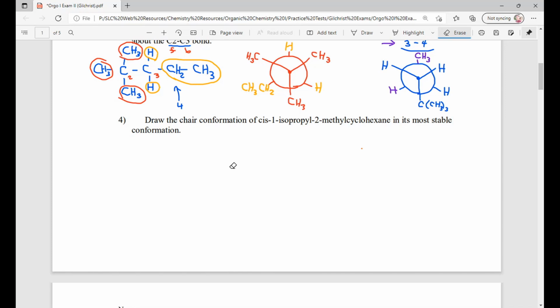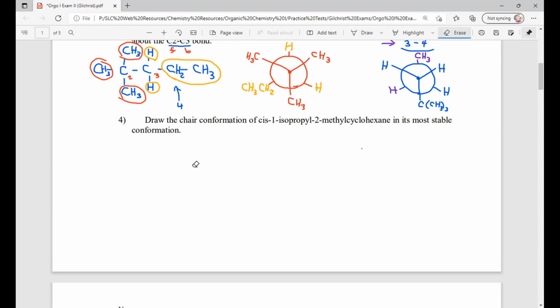So in this case, first of all, we want to start with drawing our chair. Now there are lots of different ways to draw a chair. My professor would always draw them like this. It basically looked like a lounge chair, an easy chair, so to speak.